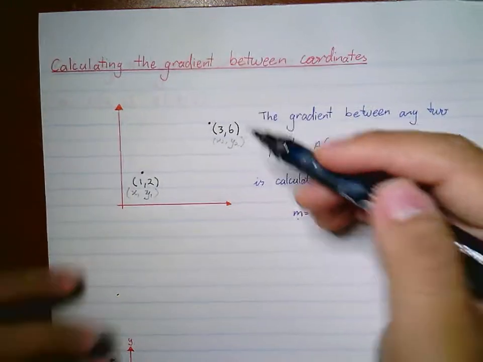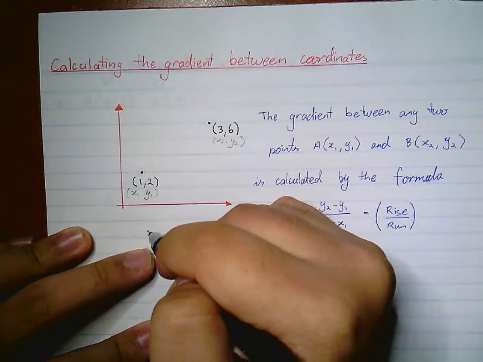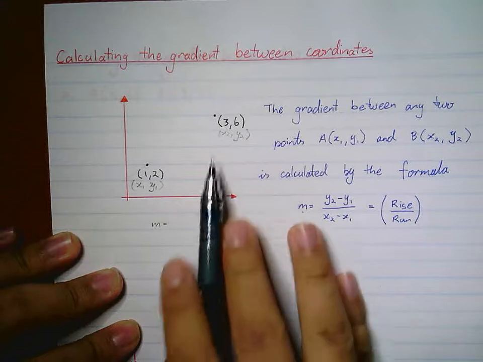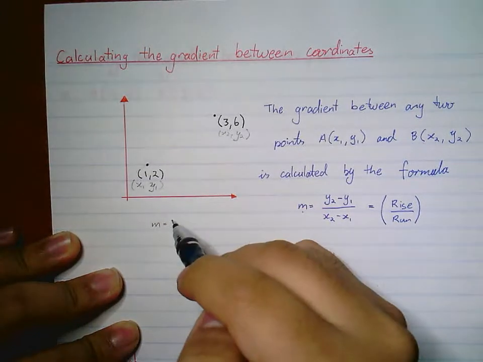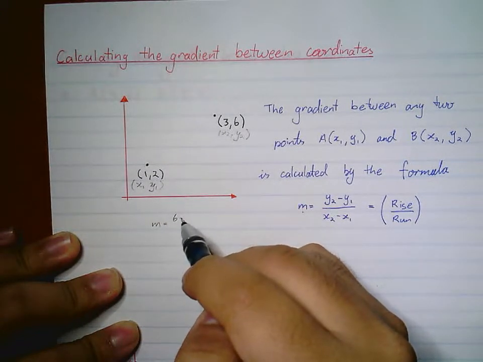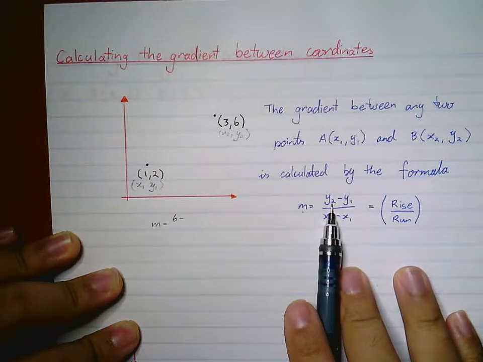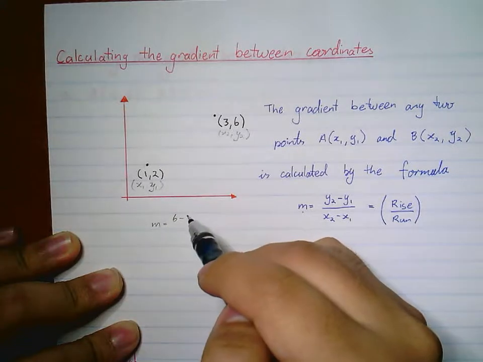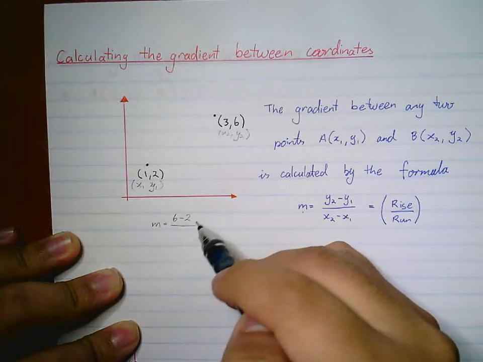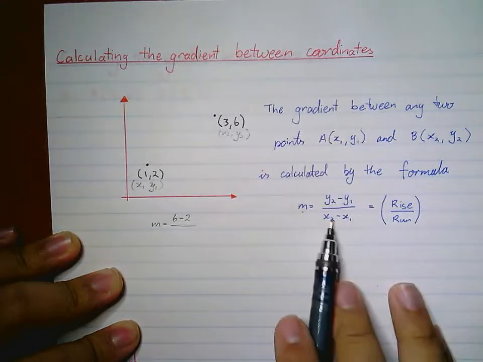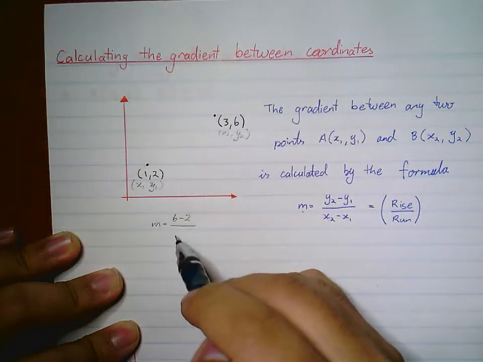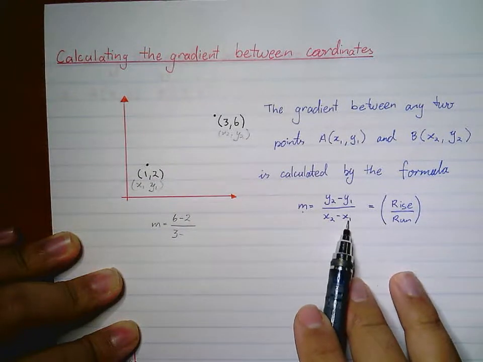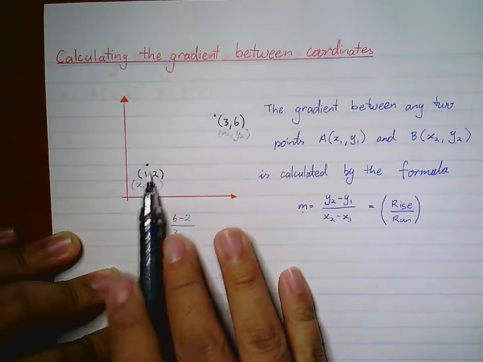Okay, let's calculate that gradient there. So M is equal to y2, which is 6, take away y1, which is 2, divided by x2, which is 3, take away x1, which is 1 in this example.